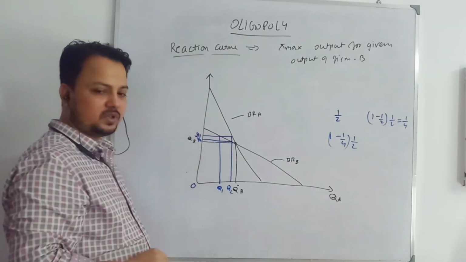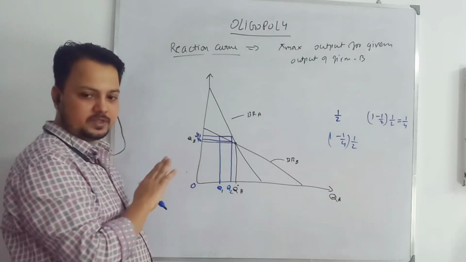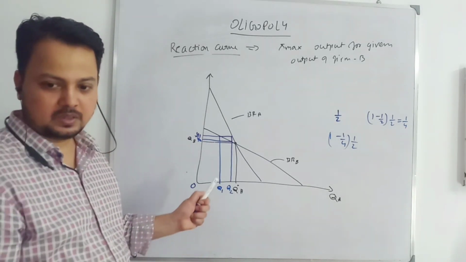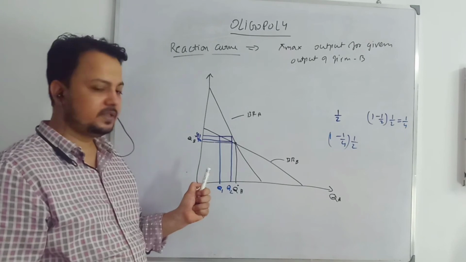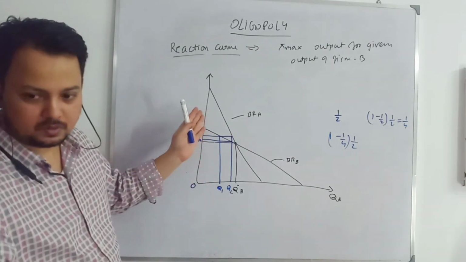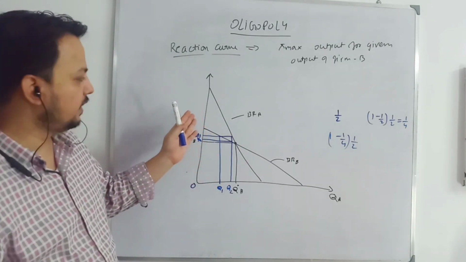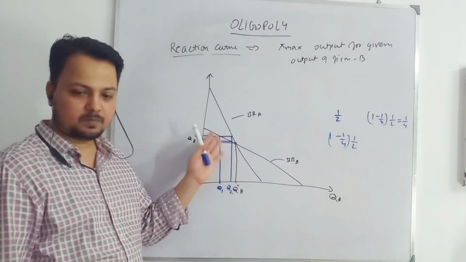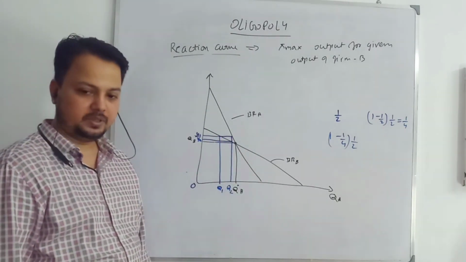That is why the Cournot equilibrium is called a stable equilibrium. And when we are using the best response curves, the only condition required is that the best response curve of firm A must be steeper than that of firm B.